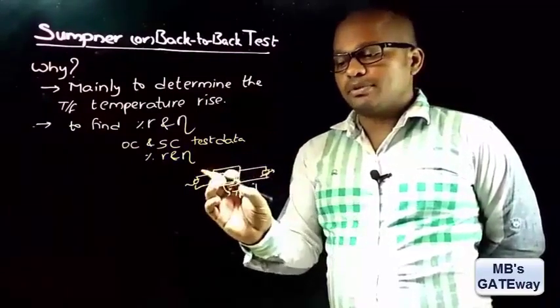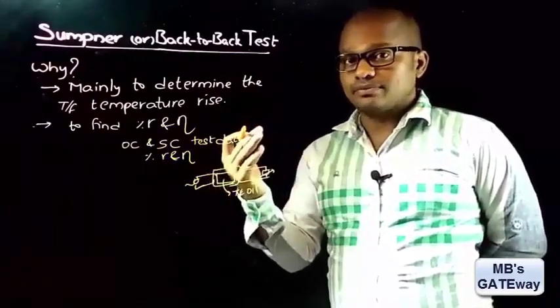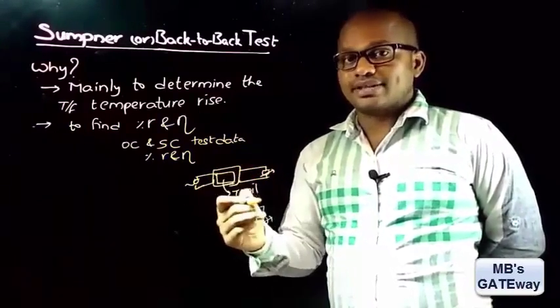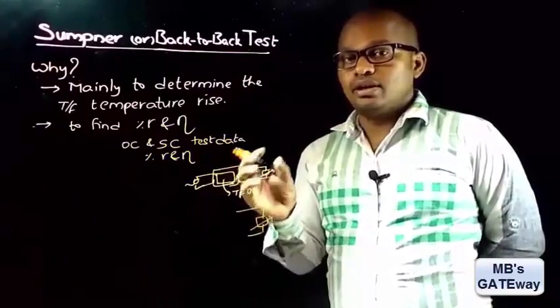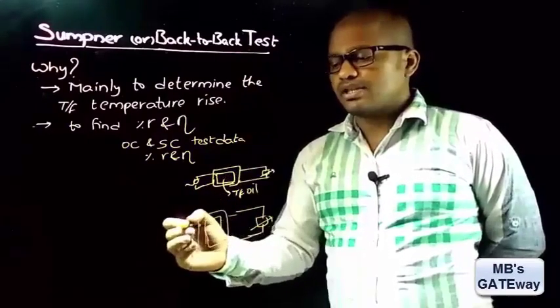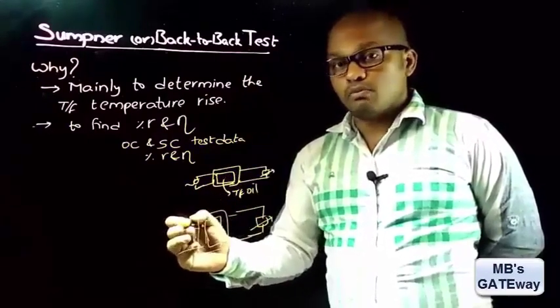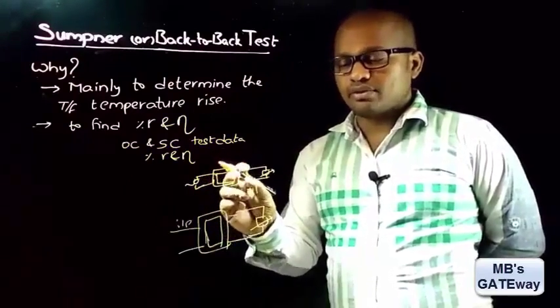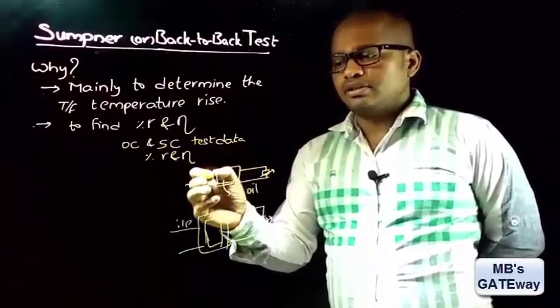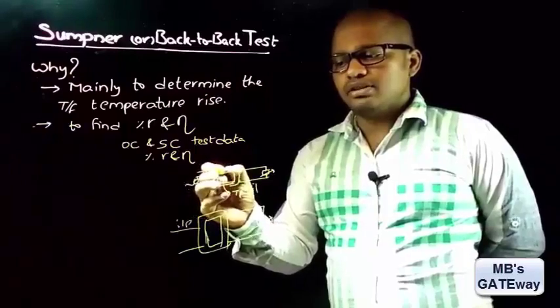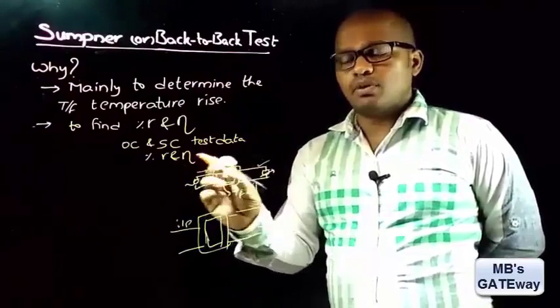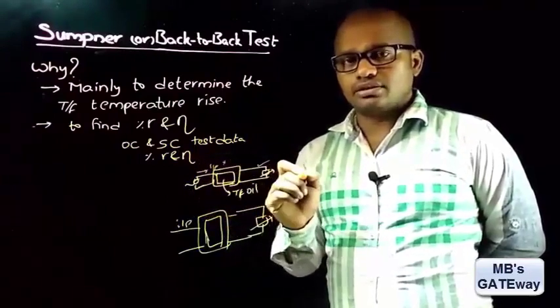But to check the temperature rise of large size transformers, you need to connect a huge load on the large transformer and load it for a particular period of time. That is, a large transformer will consume more input power. Whereas in the case of a small transformer, to determine the temperature rise, it consumes very little power because of the very low load, and that power consumption can be neglected.